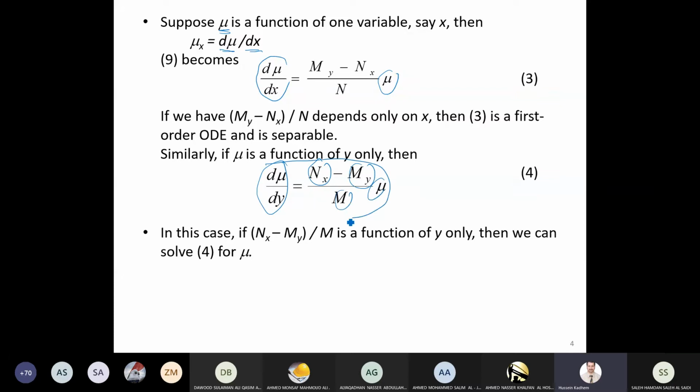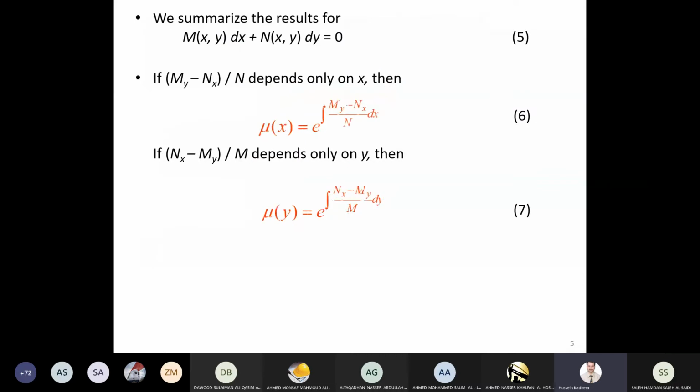So we use either this formula or this formula. With one of them we can find mu, the integrating factor, which converts the non-exact equation into an exact equation, either as a function of x or as a function of y. Now let's find the general form.